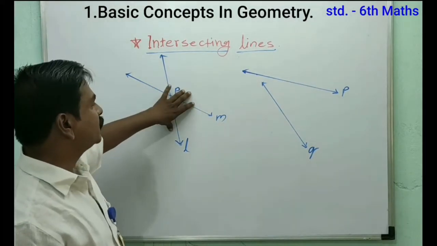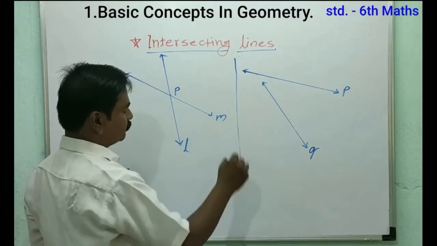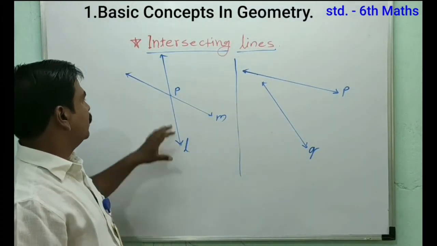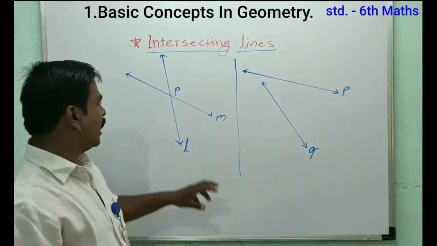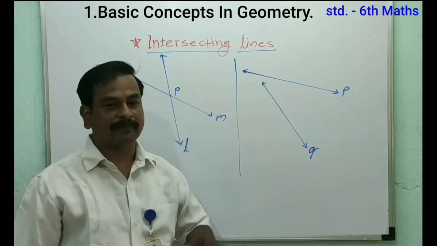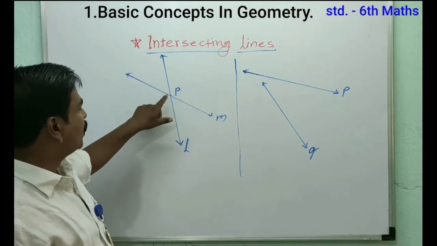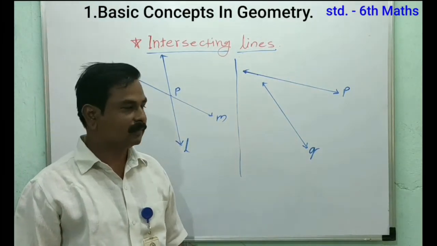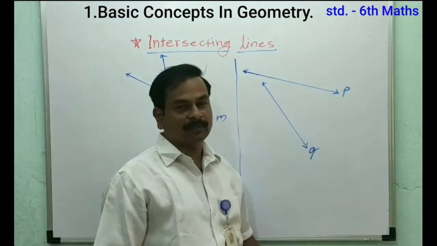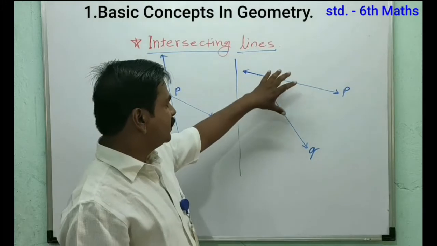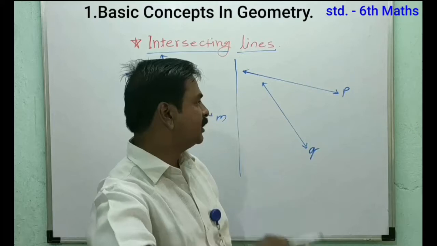Now student, I have drawn two different diagrams here. In this diagram, line L and line M intersect each other at point P, so these lines are called intersecting lines. But in the other diagram, line P and line Q are taken. In this diagram, the two lines are actually not intersecting each other.